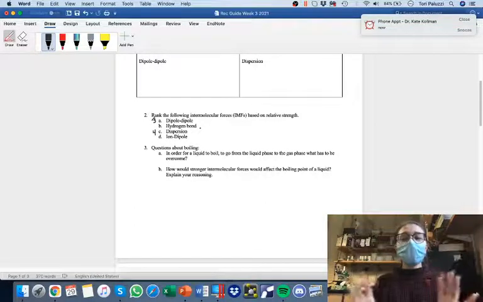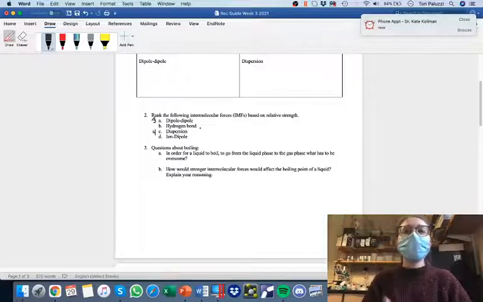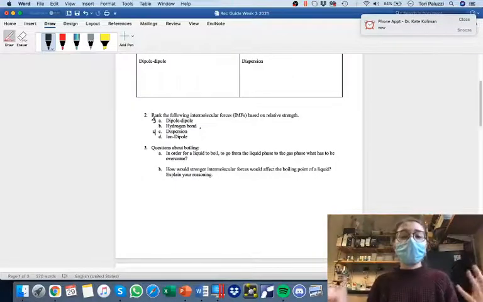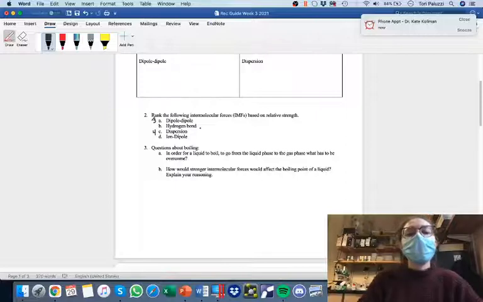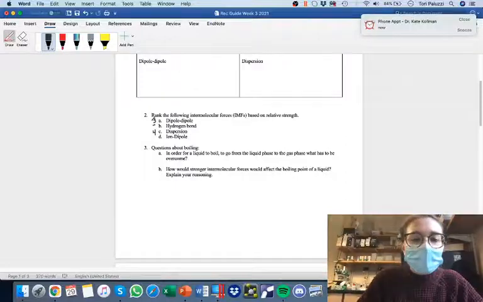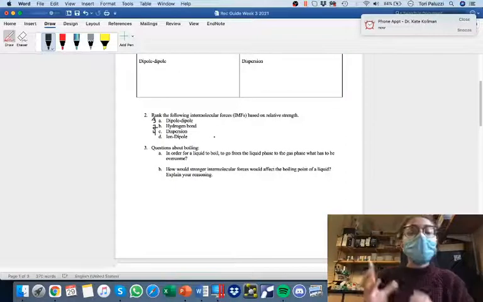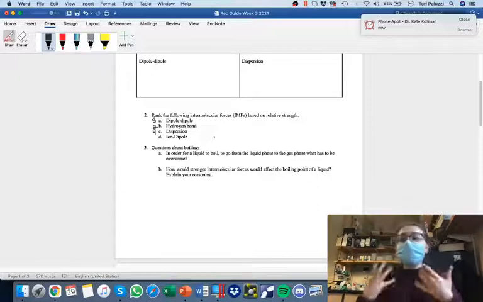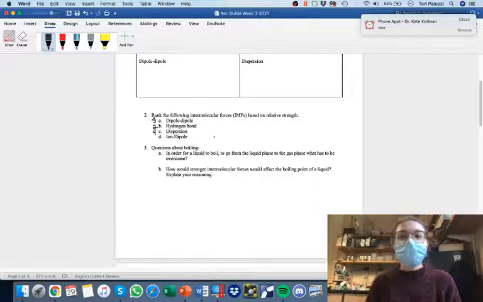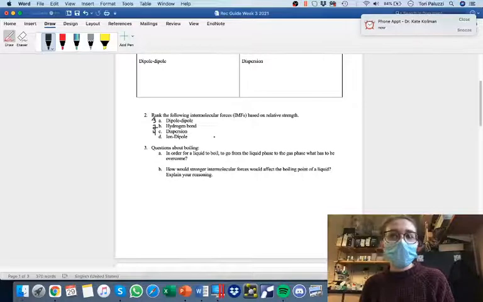These are the most electronegative elements, and when hydrogen is bound to them, it becomes super electropositive, and so it becomes an even stronger dipole dipole. That's why it has its own class and category, and that's going to come in at number 2. But a hydrogen bond is still essentially a dipole dipole interaction. It's just one of the strongest dipole dipoles that we know.